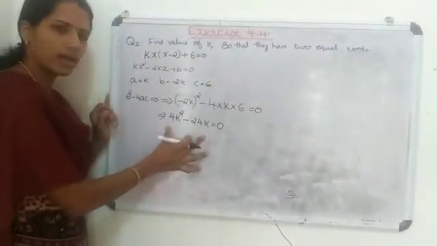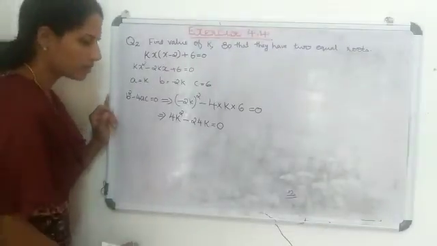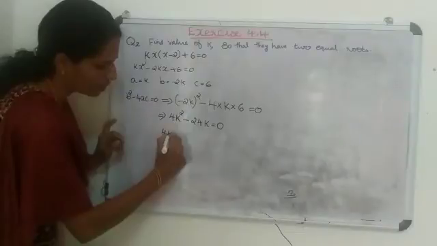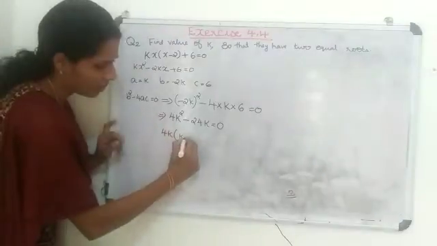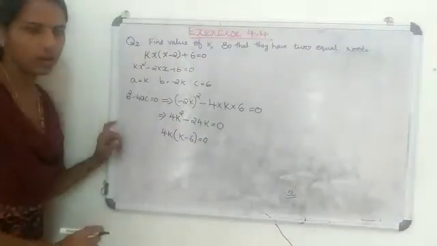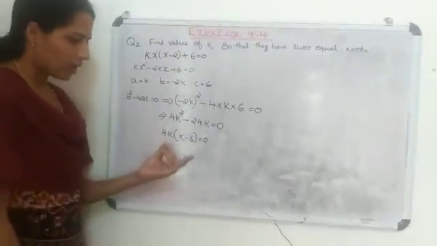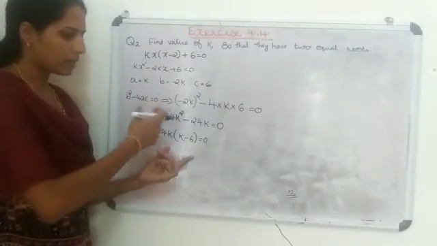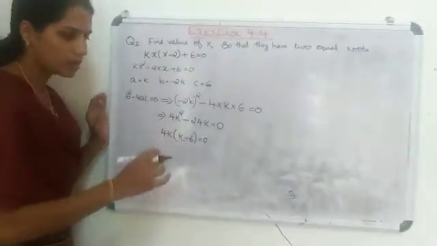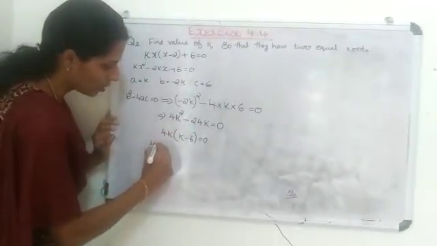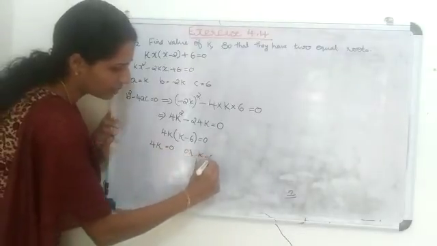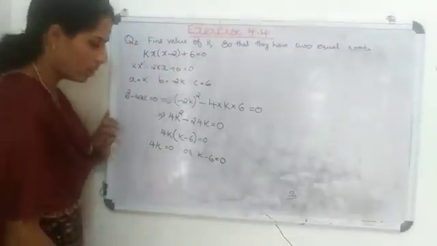Again we got a second degree form. So I am going to take the common term outside: 4k into (k minus 6) equal to 0. What is the meaning? When a number is multiplied with another and the result is 0, the possibilities are either 4k is 0 or k minus 6 is 0.